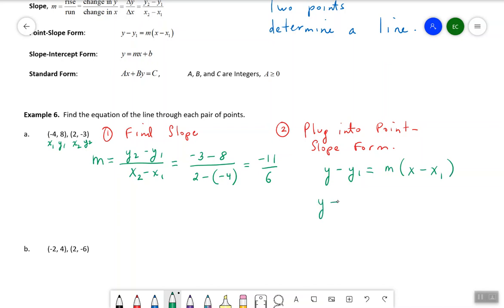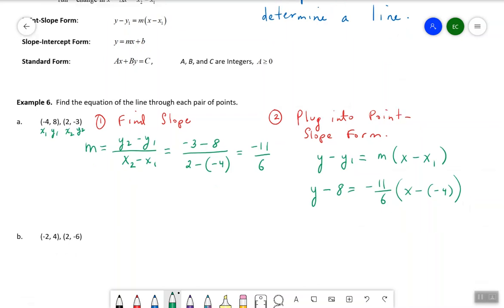And so we'll have y minus y1 is 8, and then m is -11 over 6, x minus x1, minus -4. There we go. And then we can just go ahead and simplify that.